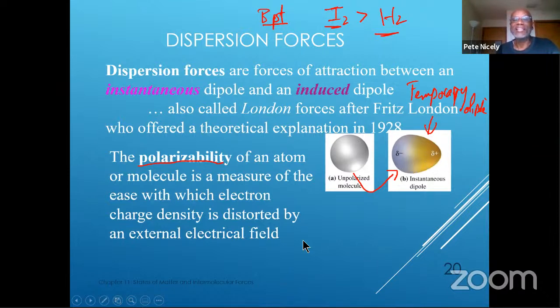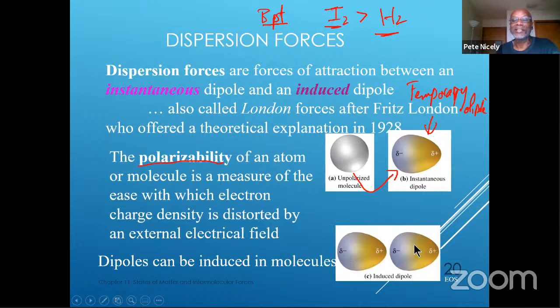And when that is lined up against another molecule, it can induce a dipole in the next molecule. And you have an attractive force between the opposite poles here. That would be called the dispersion force, which, by the way, is also called London forces. So dispersion forces and London forces are basically the same thing.